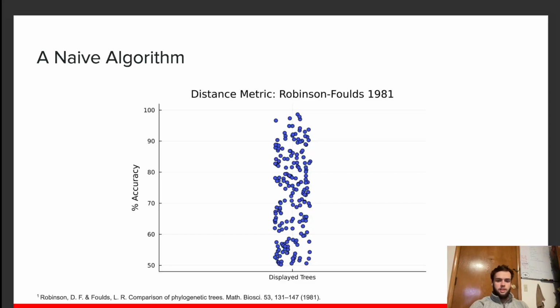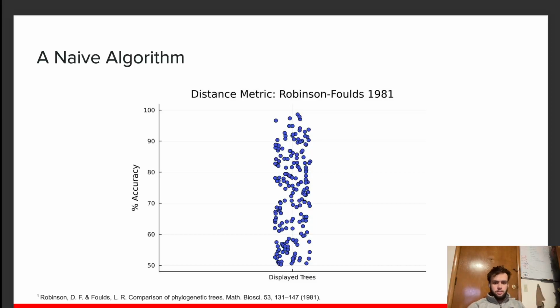You see that we get very mixed results, and the reason for this is that we actually don't always expect gene trees to be closer to their correct displayed species tree. And that, again, is because of what we mentioned earlier with incomplete lineage sorting. It can make the gene trees that we estimate very complicated because they follow very complicated evolutionary paths. And that leads to mixed results for this method.